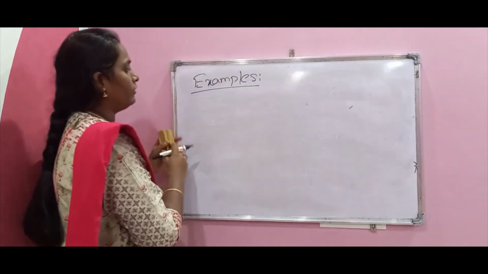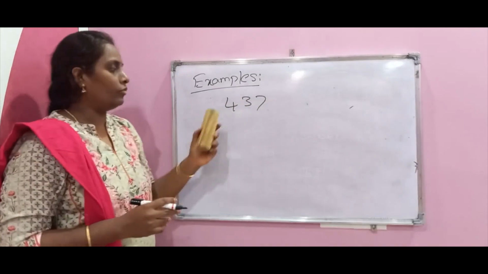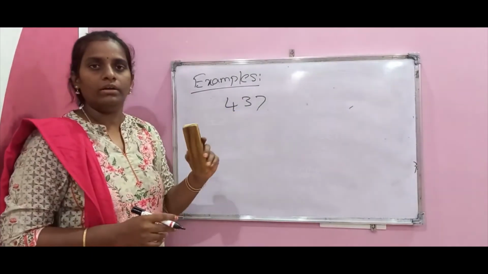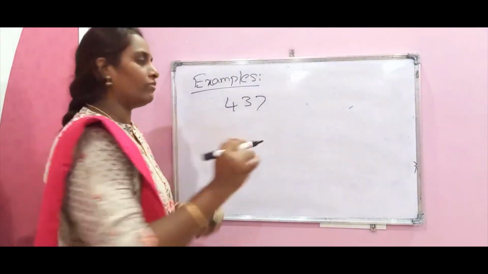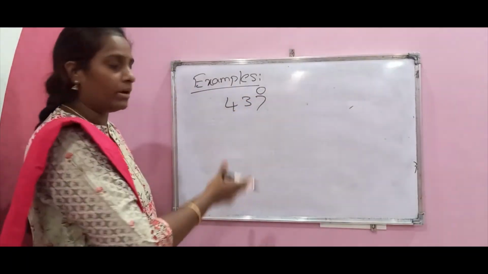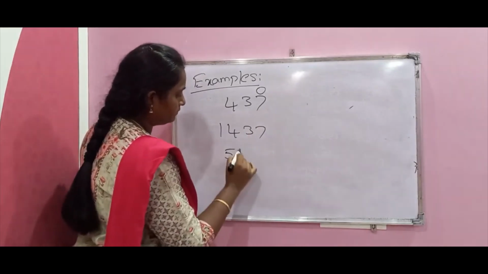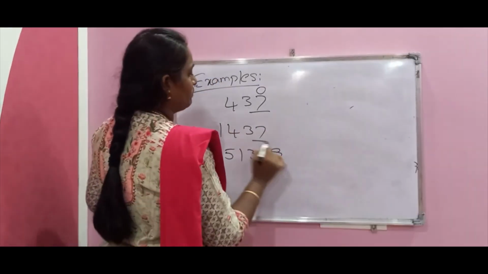Like that, if you take a 3-digit number 437. Here 4 is even, 3 is odd, 7 is odd. But you don't need to check every digit. We just check the ones place. If it is a 3-digit number, a 4-digit number, or a 5-digit number, we need to check only the ones place.